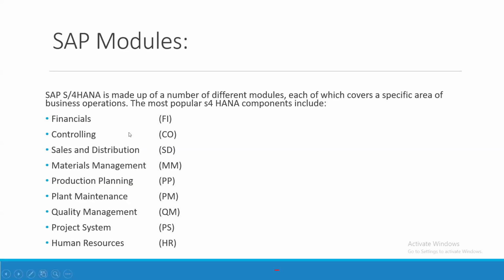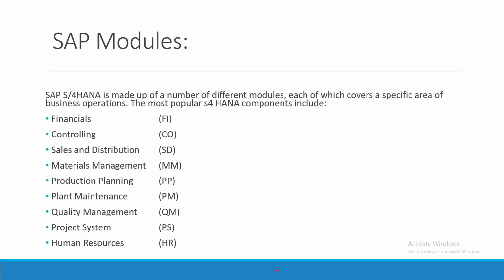Materials management usually deals with the procurement or purchase department. Then we have PP, production planning, which covers actual shop floor activities. Whatever production you are doing on your shop floor, whatever product you have, that gets handled with this PP module.